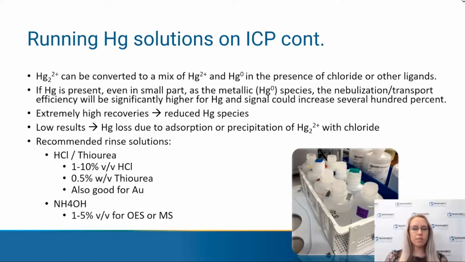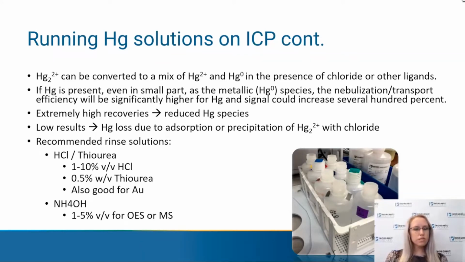Also, if you had precipitation of the mercury as the metallic species, and those are some older standards, you may have already lost the mercury due to volatility, and that could also be a reason that you're seeing those low results in your instrument.